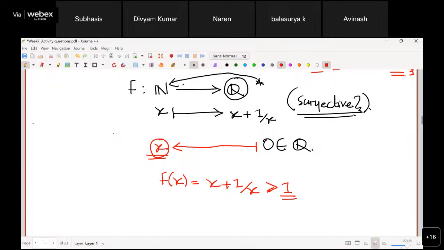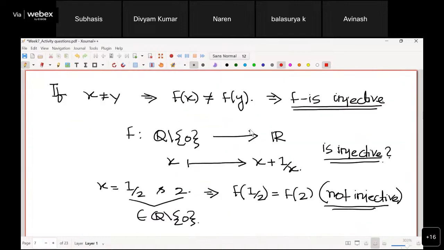So f of x can't be 0 for all x in A. So that means f is not surjective. So this function is not surjective.